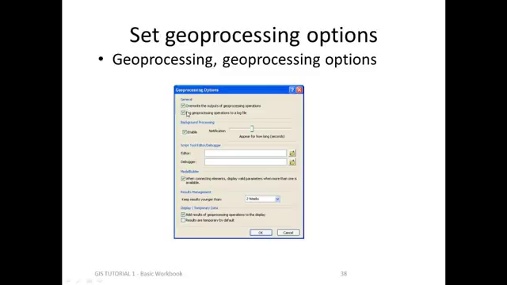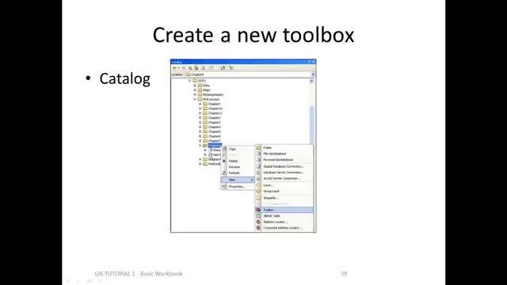If you want to do things like overwrite the outputs of operations, so if you're going through something multiple times, maybe you want it all to get overwritten automatically instead of having the pop-ups come on. If you're going through a complicated geoprocessing task, maybe you want a log to be generated so you know what all those steps and different outputs were. You can change that in your options menu.